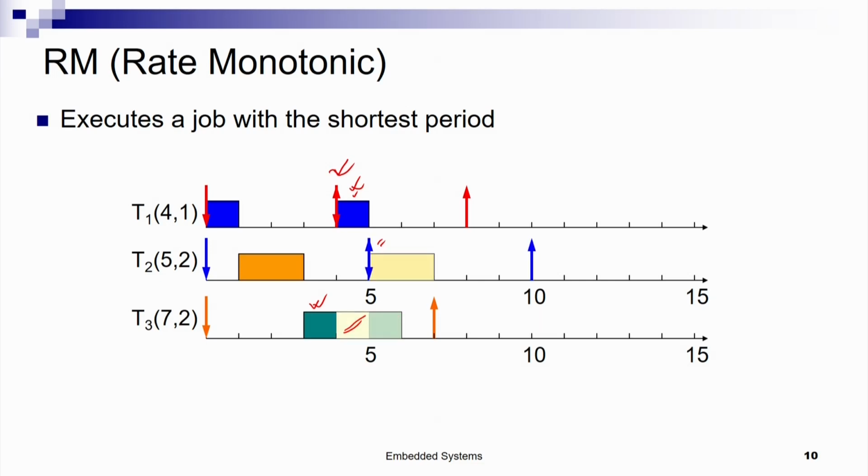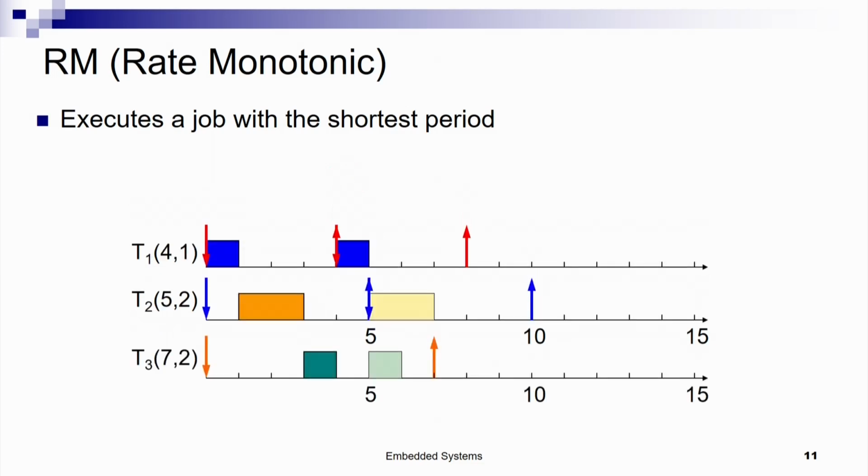Hence, the first part of T2 executes, and then at 6 we must give T3 a chance to execute, otherwise its deadline at 7 is going to be violated.